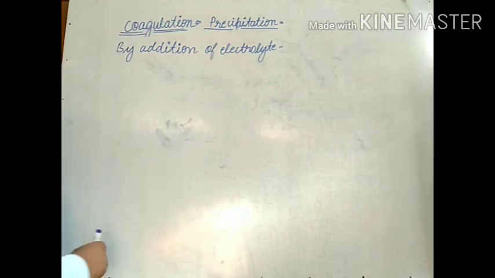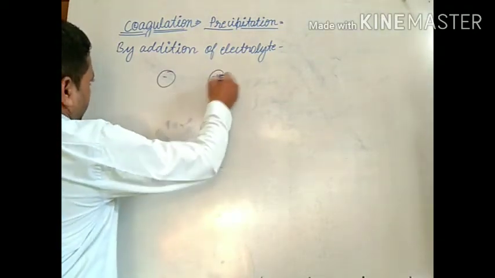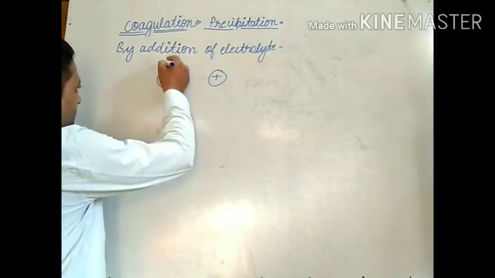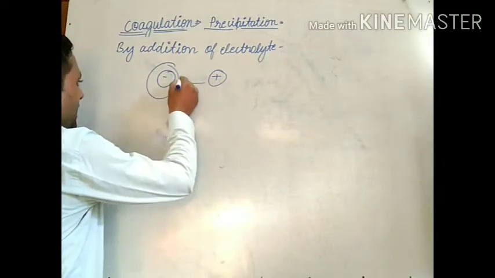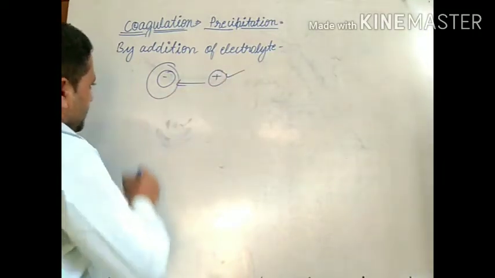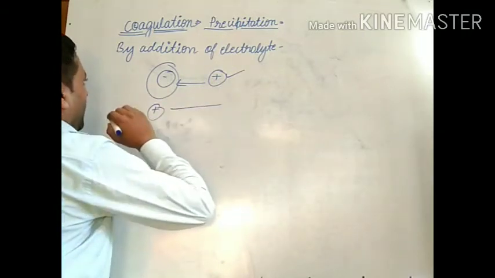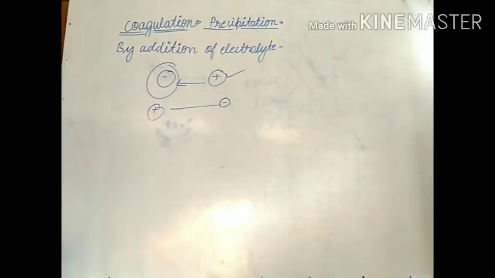A negatively charged ion precipitates a positively charged colloid, and a positively charged ion precipitates a negatively charged colloid.